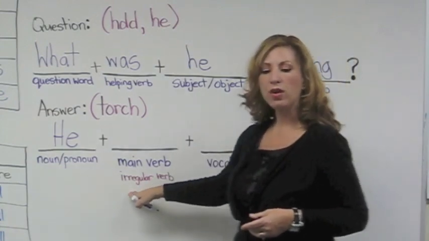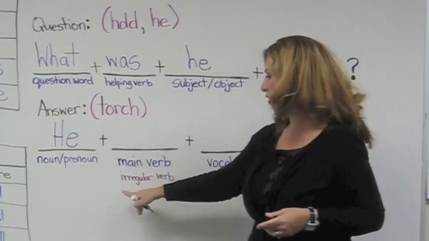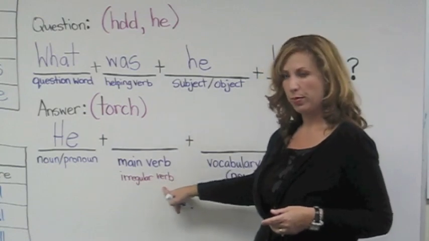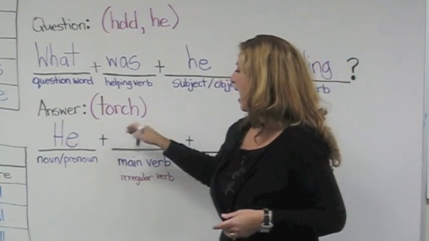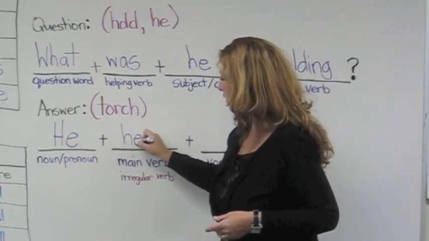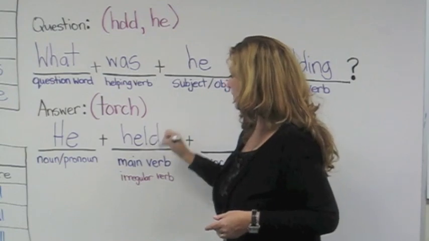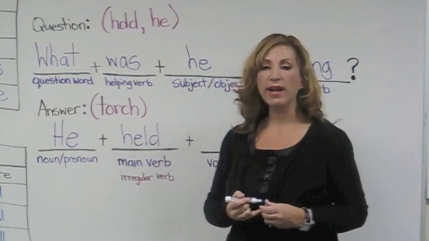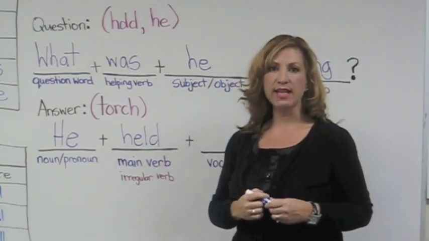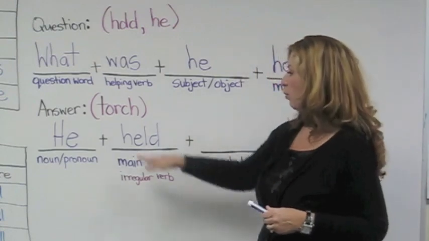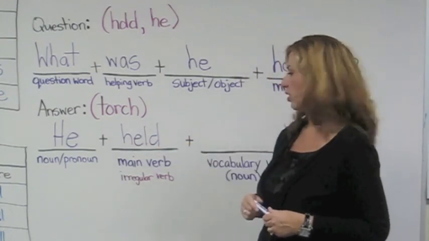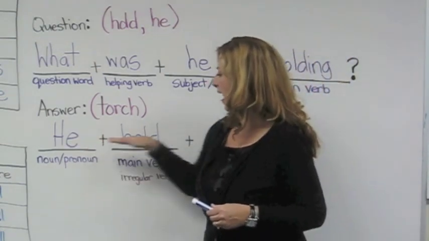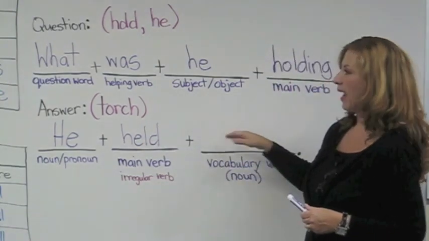Now, to hold is also an irregular verb when it's past tense. So if you note on your book, you could see it says irregular verb. So he held. Now you can find irregular verbs to practice in Steps to Success Volume 1 if you need more practice to understand irregular verbs more. He held a torch.